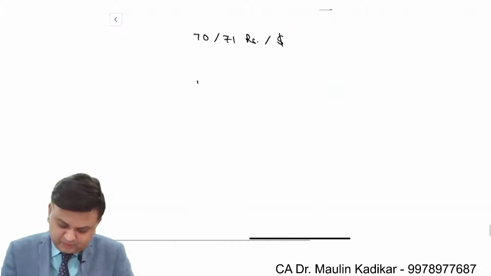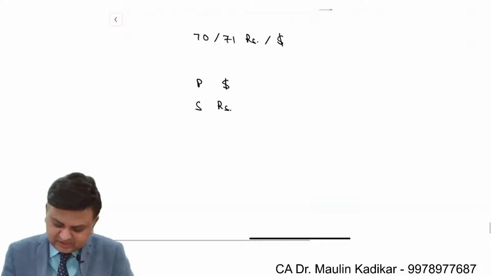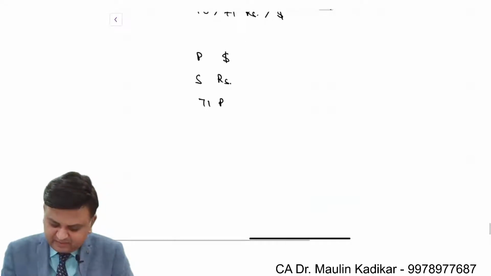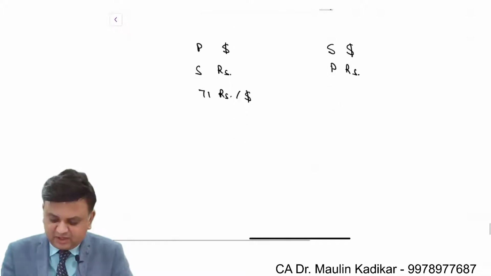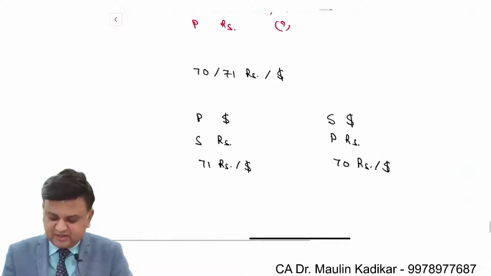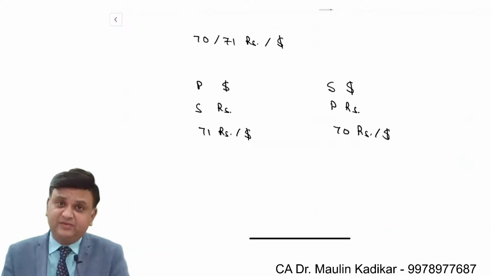If you want to purchase dollar, you have to sell a higher amount of rupees. So the rate applicable is 71 rupees per dollar. And if you want to convert dollar into rupees, for every $1 you will get a lesser amount of rupees. This is what we understand. This is the way we do the bifurcation of the exchange rate.